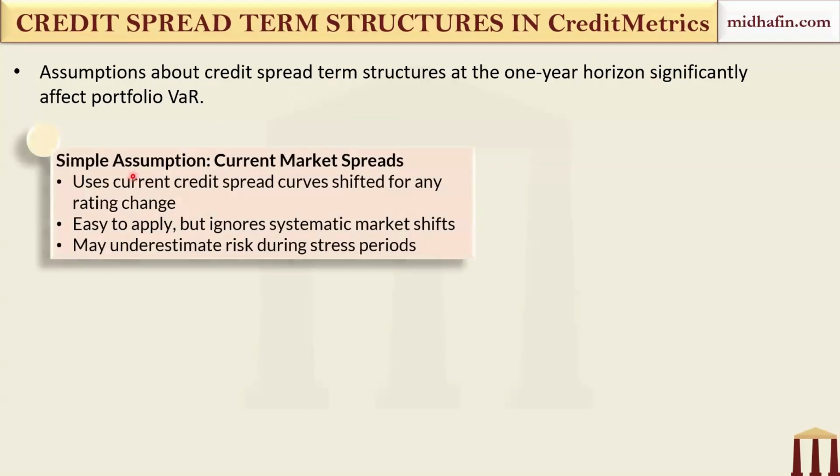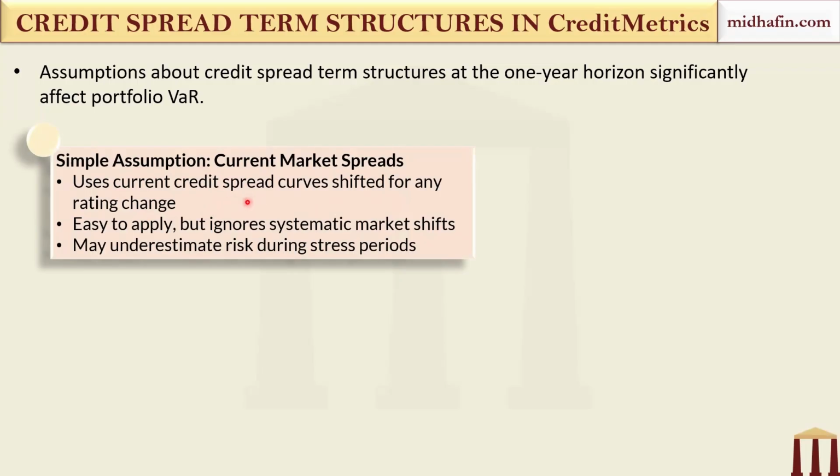The first and most straightforward approach is a simple assumption, sometimes called the current market spread approach. Here we assume that the current market spread curve for each rating applies uniformly, and we simply shift it according to any rating change.